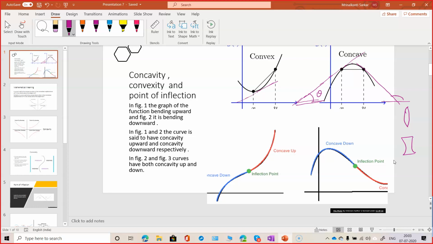Now what is the change of dy by dx? If we say that it is d/dx of dy by dx, this means d square y by dx square.